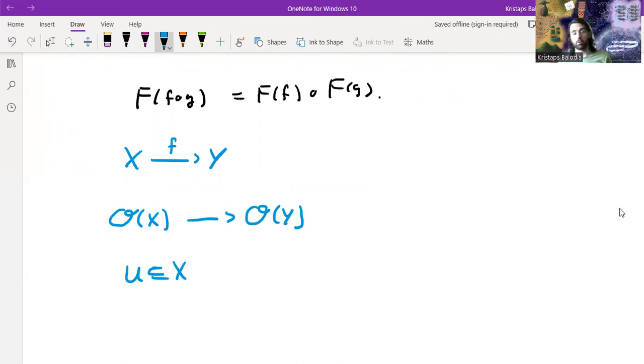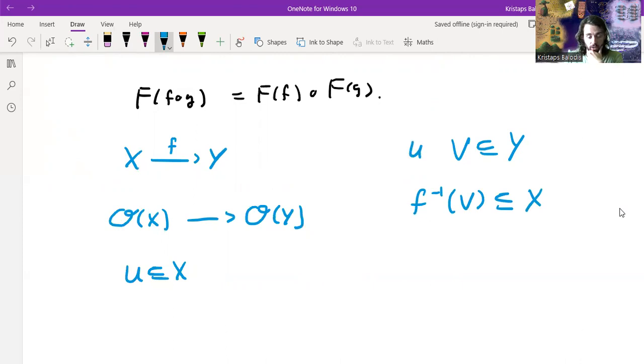If f isn't an open mapping, I don't get one. So something interesting happens here. Things flip around, right? I know that if I have an open set V of Y, then its inverse image, by definition, is an open set in X, and it will respect containment, right? If I have some U in V, then the preimage of U will be in the preimage of V.